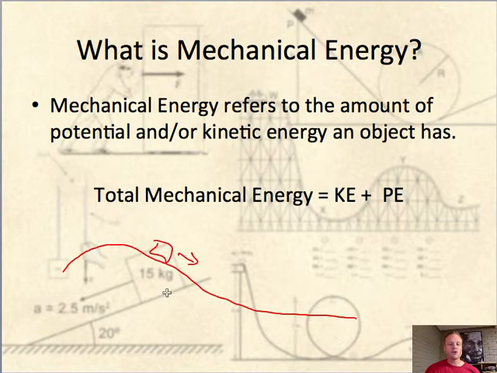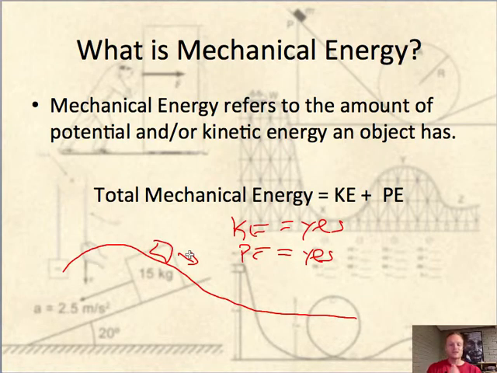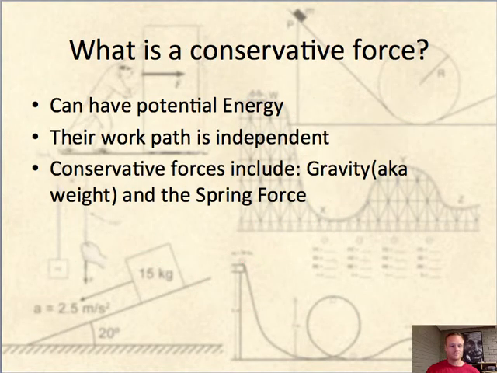This car at this moment in time has kinetic energy because it is moving, right? And it also has potential energy. And why does it have potential energy? Because it's above the ground. So an object can have both kinetic and potential energy at the same time. But if you add those two values up, that equals the total mechanical energy that that object has at that point in time.